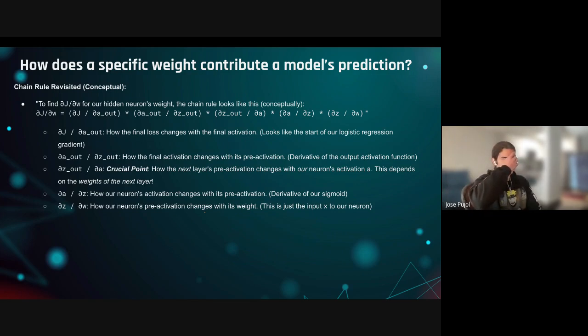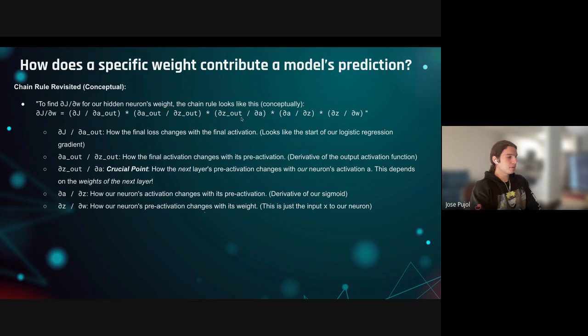And then you kind of chain this together to say, okay, what was then the derivative of the output with respect to the change in my pre-activation? But my pre-activation for the output layer depended on my previous neuron.